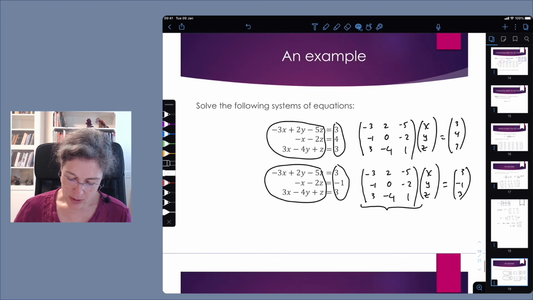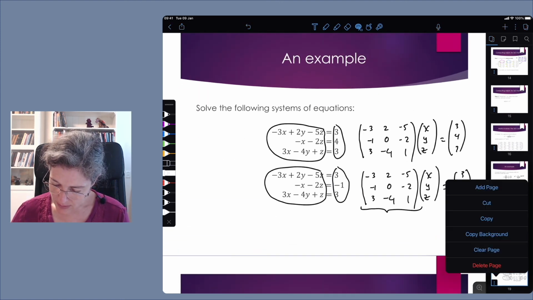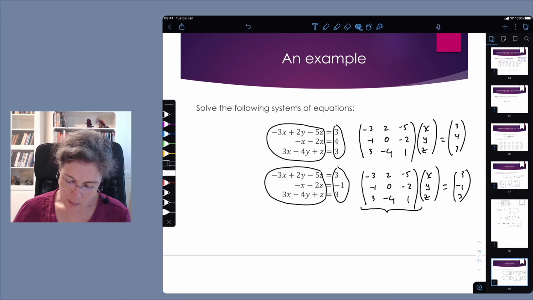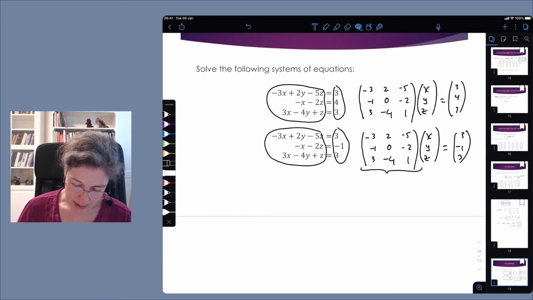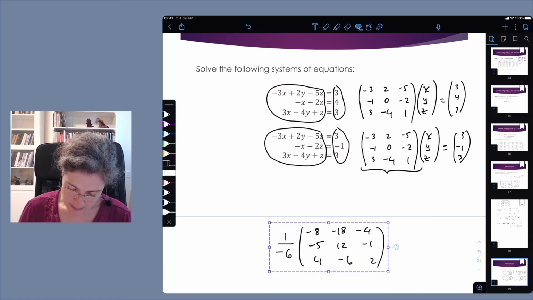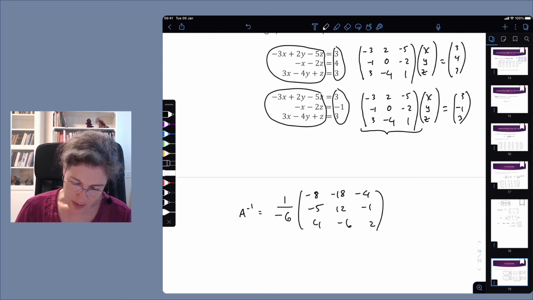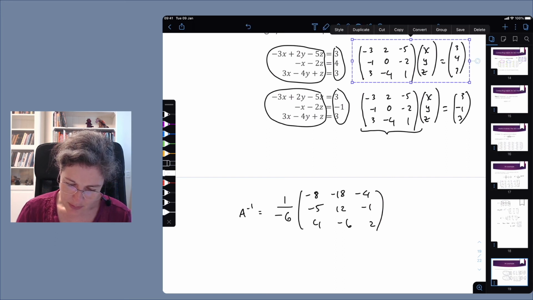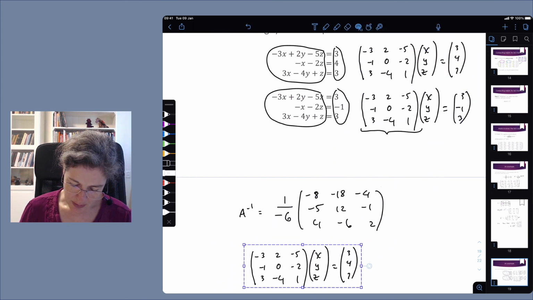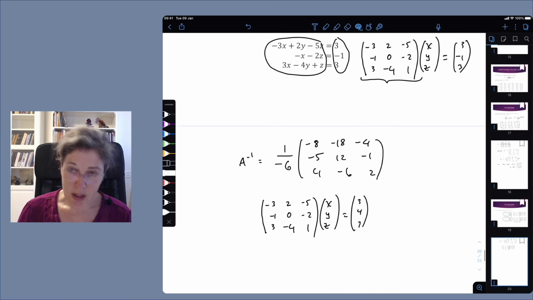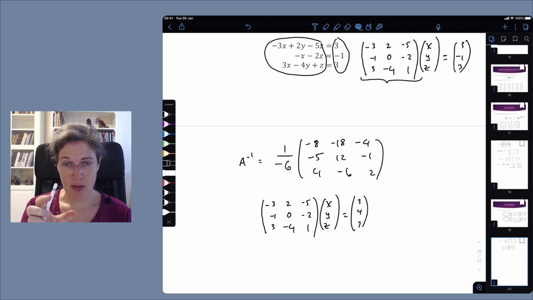And the power of having found this inverse is that it makes life super simple when we're solving. So let me just put our inverse over here. If we look at this equation over here, we can dive straight in and solve it, because what we're going to do is multiply on the left by our inverse.